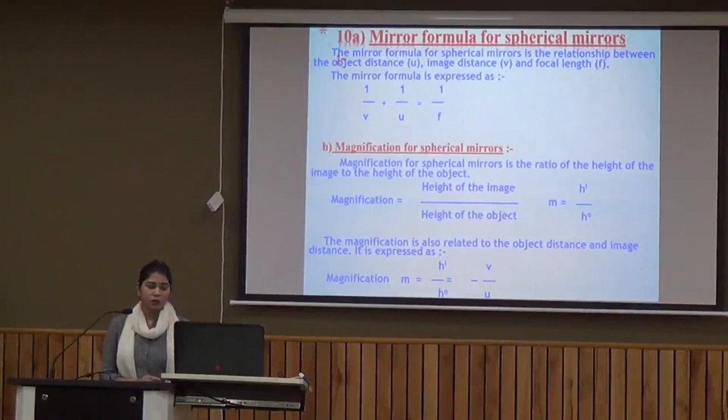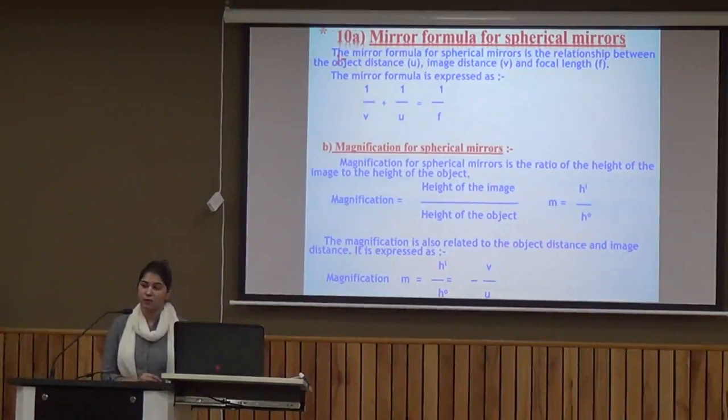Now, after the mirror formula, we also have a formula for magnification. What does magnification represent? Magnification for spherical mirrors is the ratio of the height of the image to the height of the object, right? The magnification is also related to the object distance and the image distance.